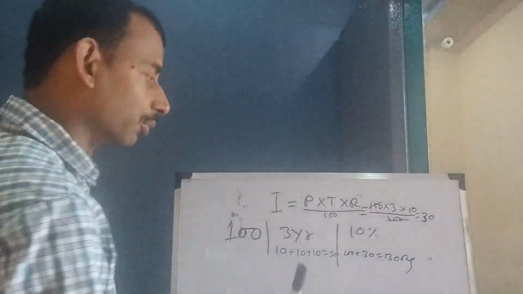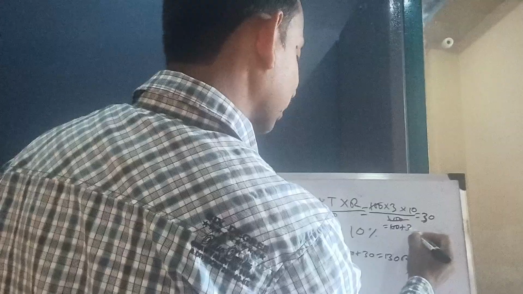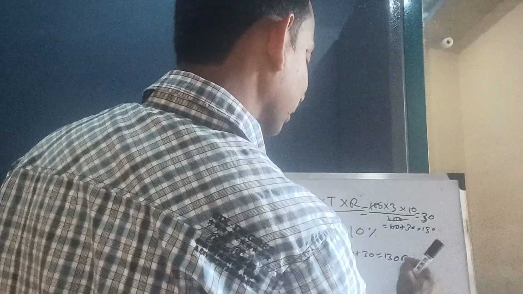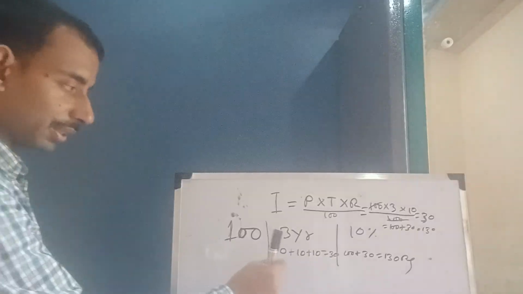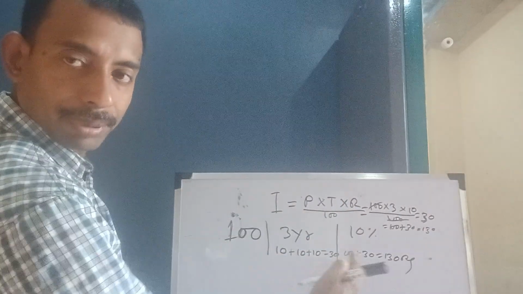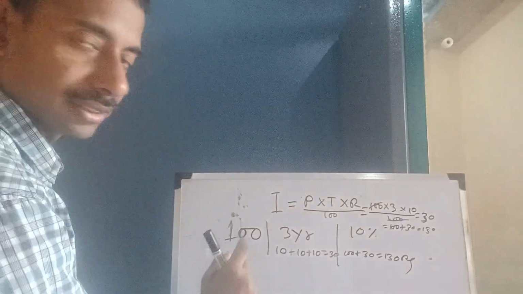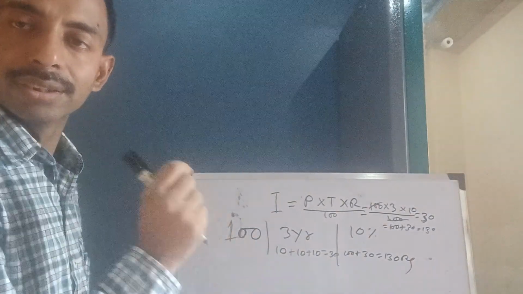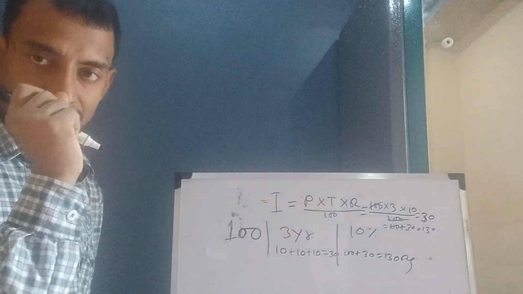So the total return would be principal plus total interest, that is 130. Clear? This is how it is discussed step by step, and this is using the formula. Okay, this is simple interest.